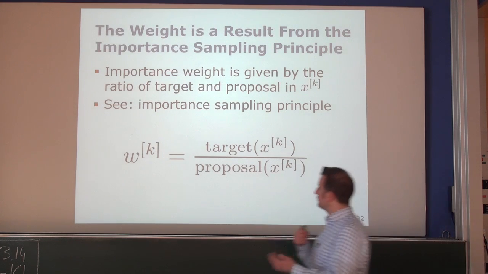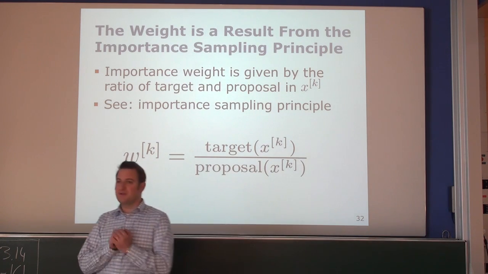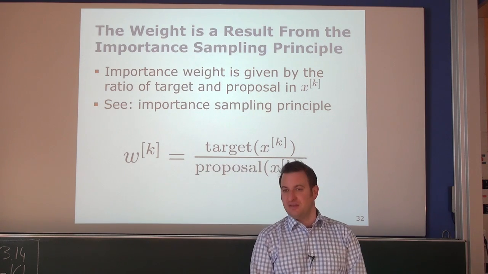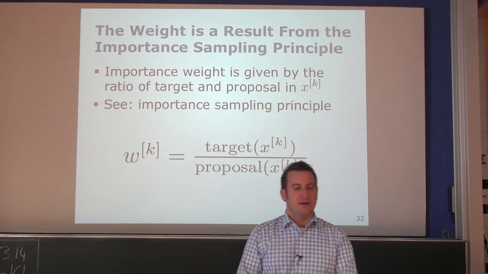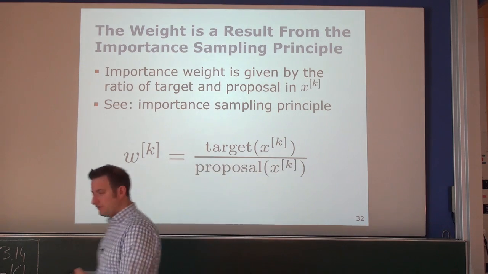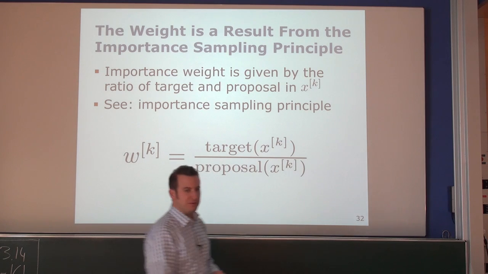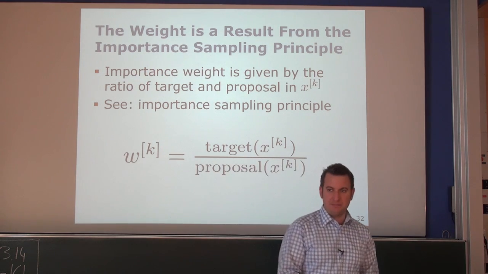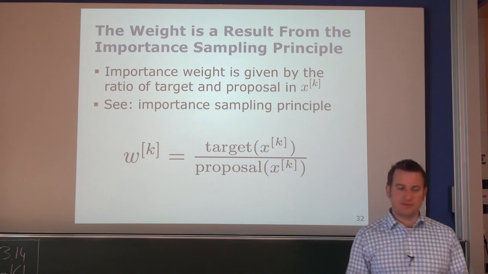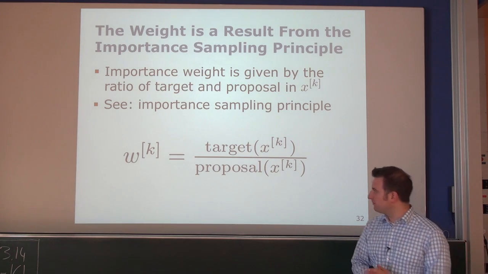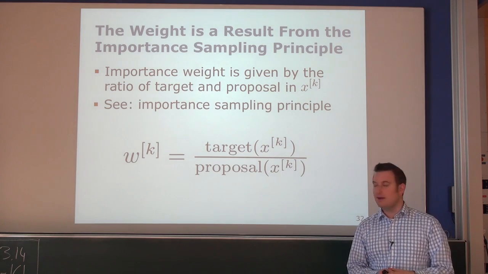Okay, so now let's look into the last thing which I promised you. Why is this term which I showed you actually the importance weight? The importance weight, as I said before, is a direct result of the importance sampling principle. The importance sampling principle says I can draw samples from an arbitrary distribution, with some small constraints, but for us, let's say arbitrary.